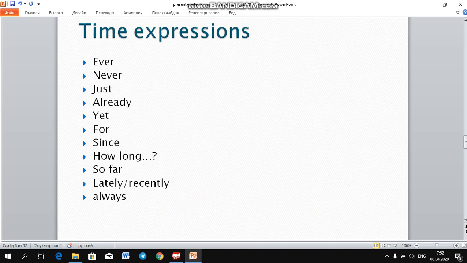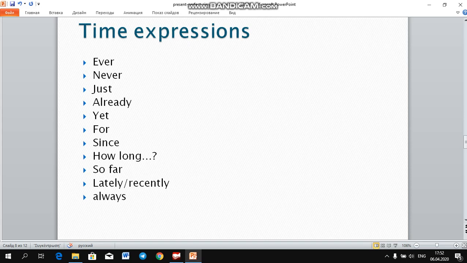And now let's talk about time expressions which we can use in the present perfect tense. Ever, never, just, already, yet, for, since, how long, so far, lately, recently, always.